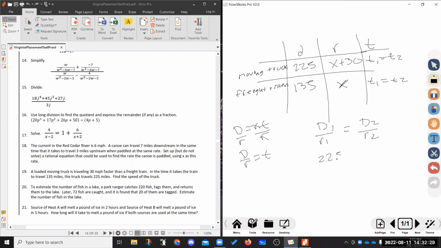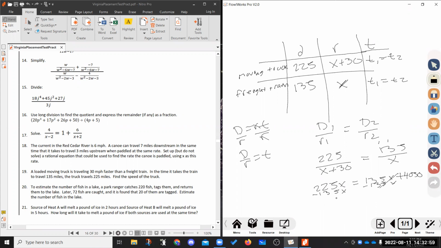D1 is 225 over R1 is X plus 30, needs to be equal to 135 over X. We're going to cross multiply. 225X equals 135X plus 4050. So subtract 135X from both sides.